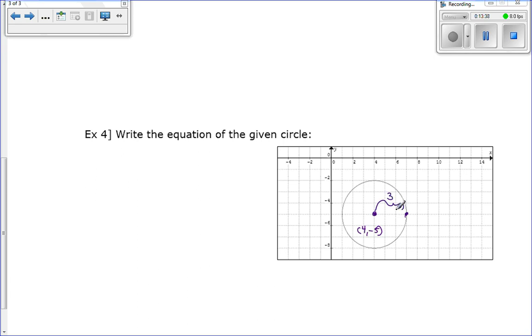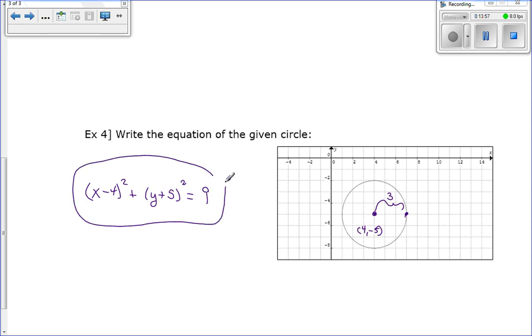My radius is 3. So the equation is (x minus 4) squared plus (y plus 5) squared equals 3 squared, which is 9. So that's all you need to do when you're given a graph just like that.